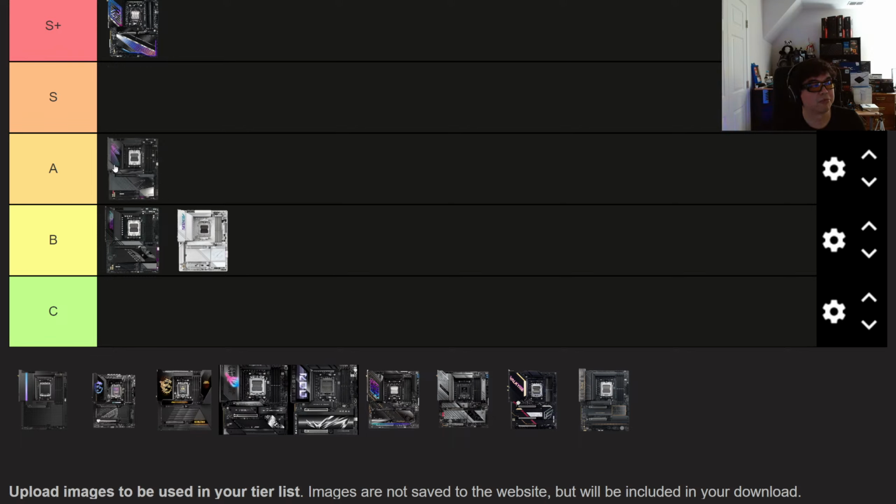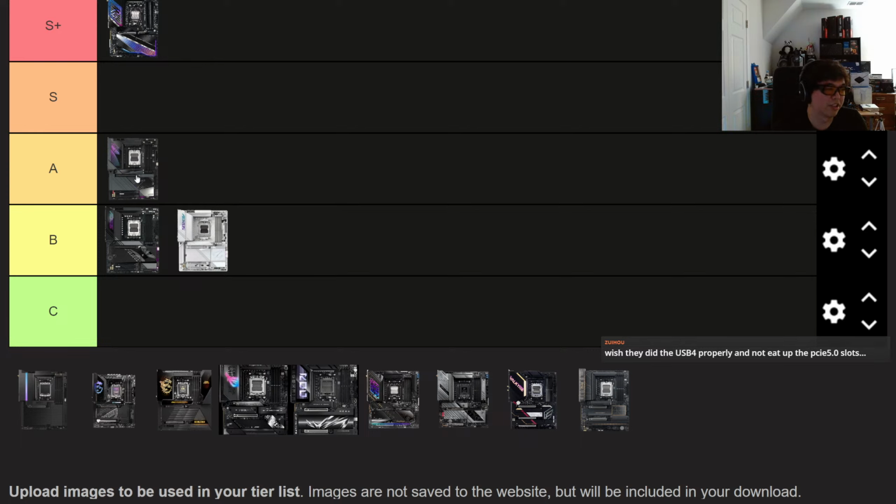I feel like Gigabyte could have done something a little bit more different with the Master to differentiate it from the other 2, and that could have probably propelled it into the S tier. But unfortunately, the only thing different is it's 8 layer, whereas the other 2 are 6 layer, and it's got a little bit more fancy RGB. I mean, at the end of the day, I believe it has dual LAN.